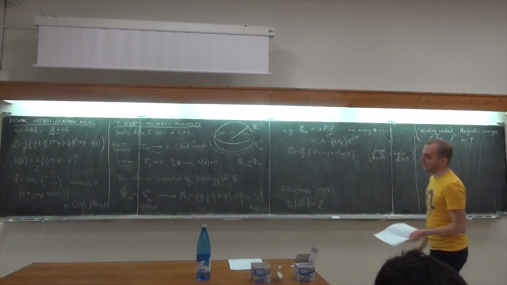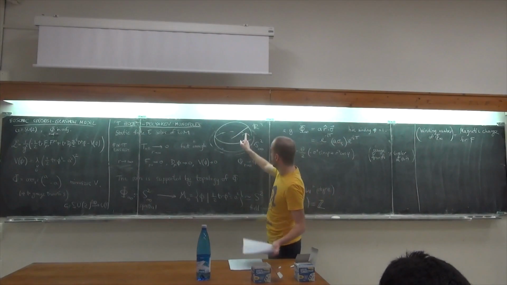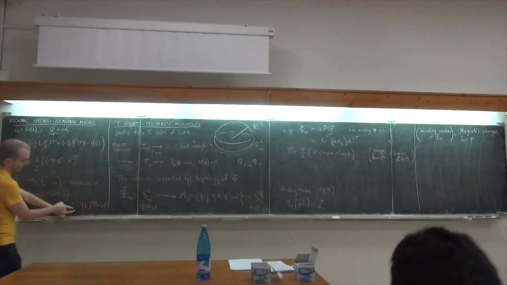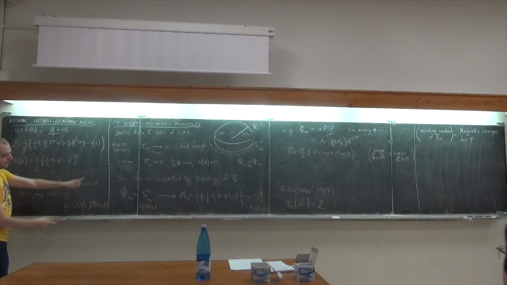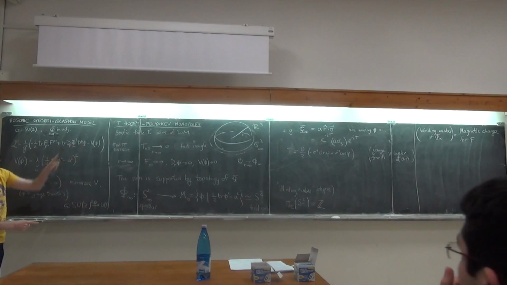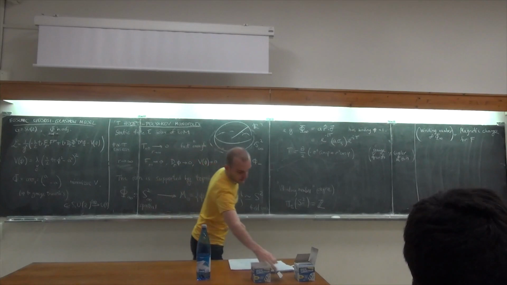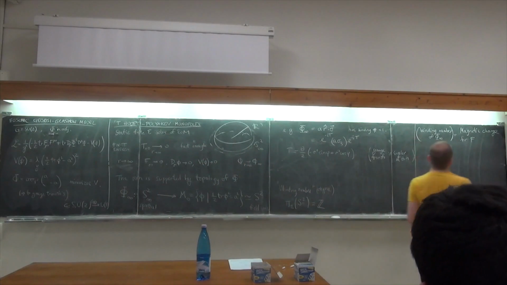So recall, at any point in space-time, phi determines a direction inside the gauge group, and that breaks SU2 to some U1 subgroup which goes along the direction of phi. Okay, so in particular, yes.